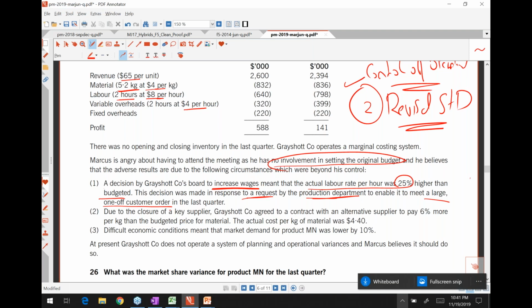Is this controllable for Marcus or not? This decision was taken by the board. Is Marcus responsible for this or not? Come on, tell me. Controllable for the operational team or not?